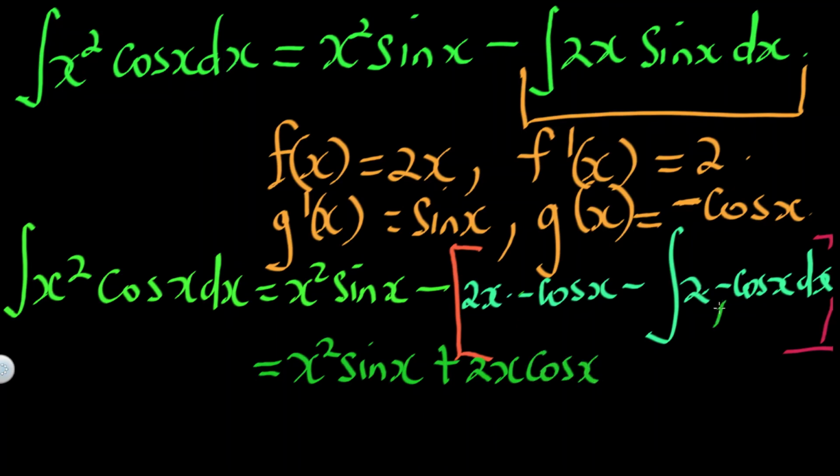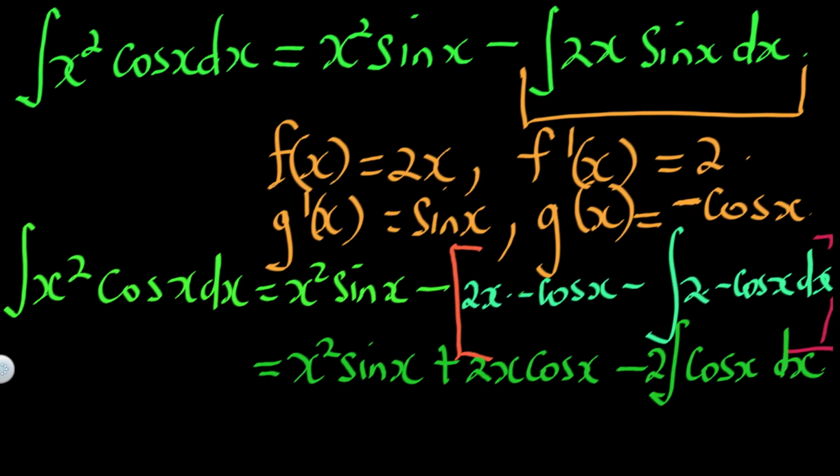There is a minus here and a minus there, and we're multiplying this by minus. So in the end it's going to be just a minus and integration of 2 cos x. We can put the 2 outside here and put cos x inside, dx.